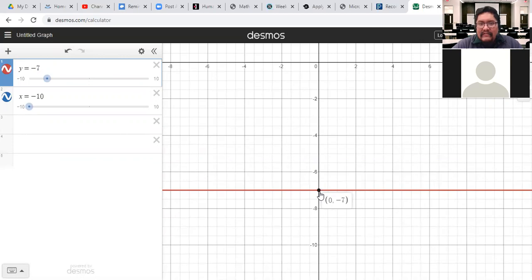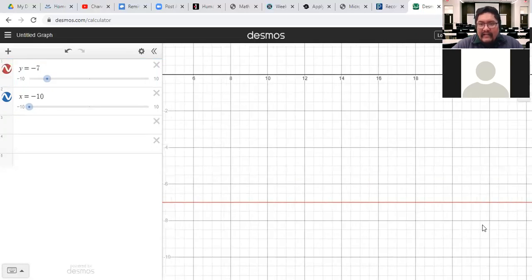So I can pick 0, -7. What if I were to pick, say, 2, -7? What if I picked, say, 8? 8 and -7. All these y values are -7. I can pick any x value. I could pick 20.